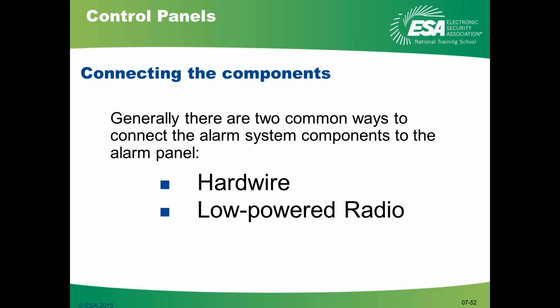We used to say wireless at this point. We're using the term low-powered radio because that's what it's referred to in 72. When you go to look in the code, it talks about low-powered radio, so we tried to use the term that people will see in the codes.